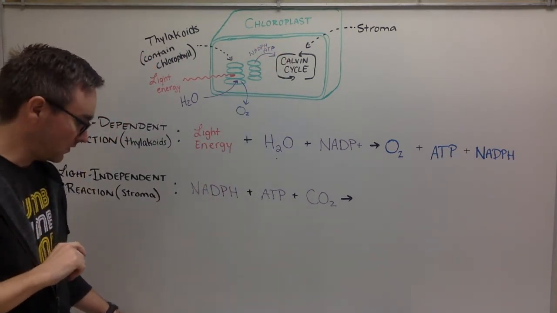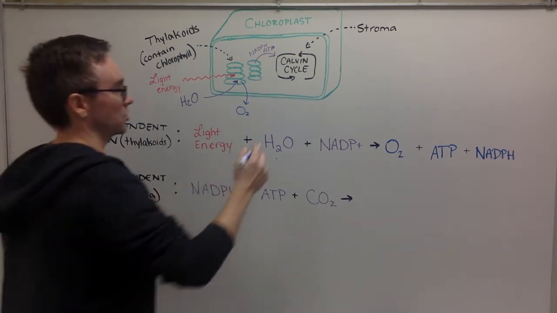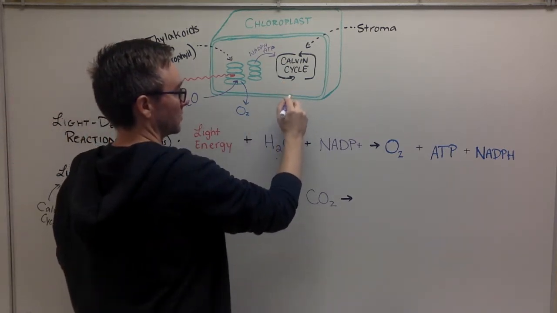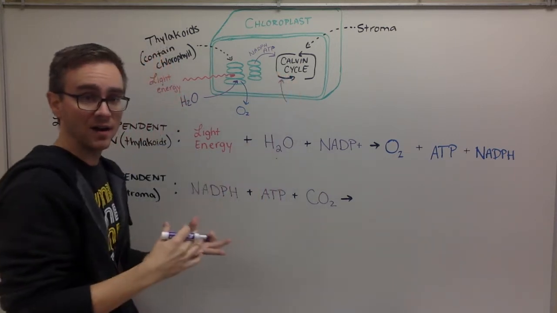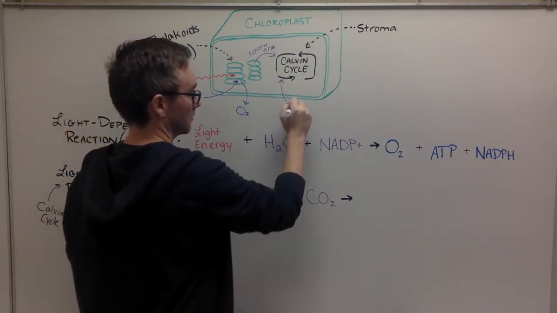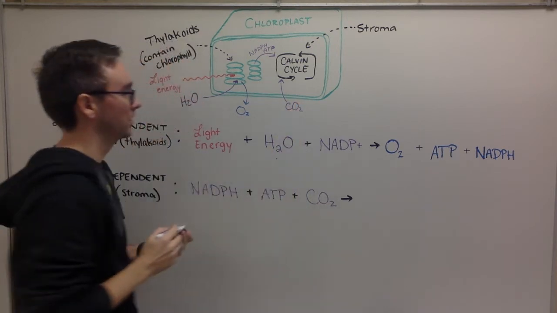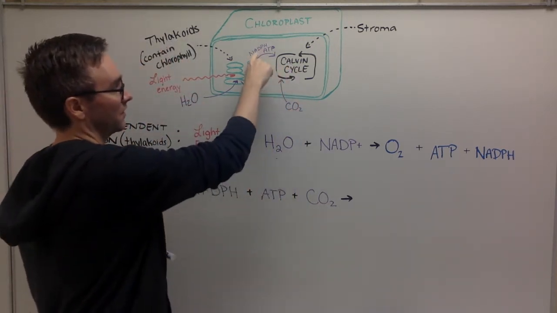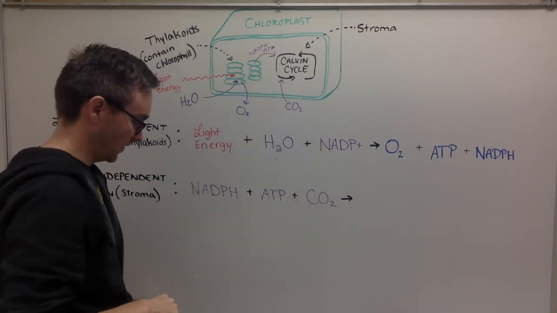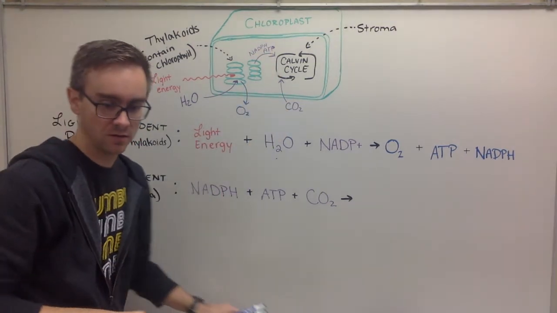Also coming into this reaction is our carbon dioxide, which comes in through the stomata. We got our carbon dioxide going into the Calvin cycle. So we have three things going in, and we're going to have something coming out of it.